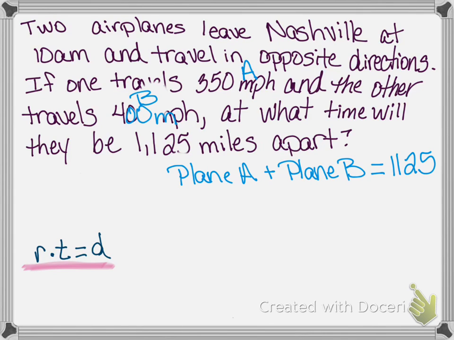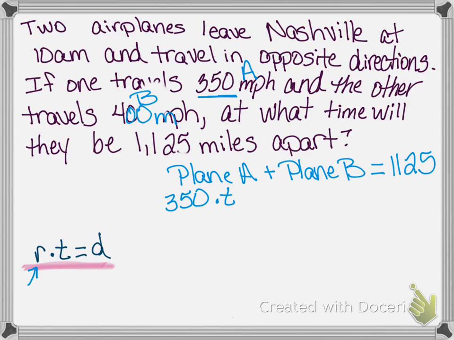For plane A, my rate is 350 miles per hour, so I have 350 miles per hour times time.